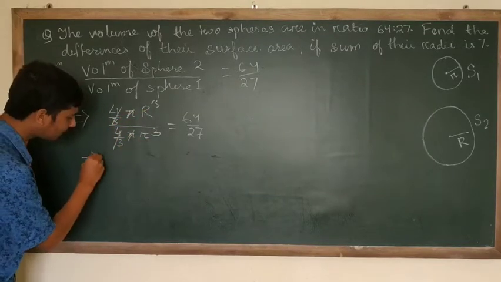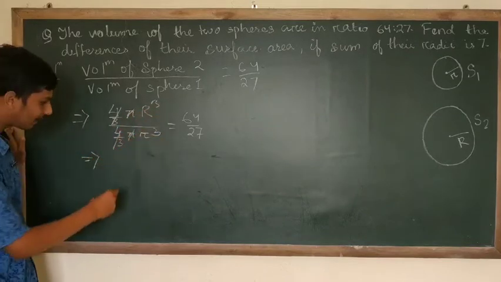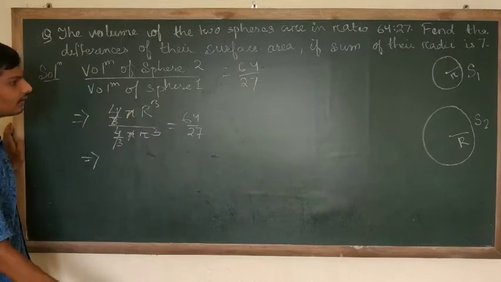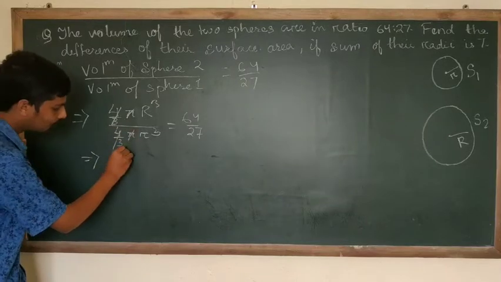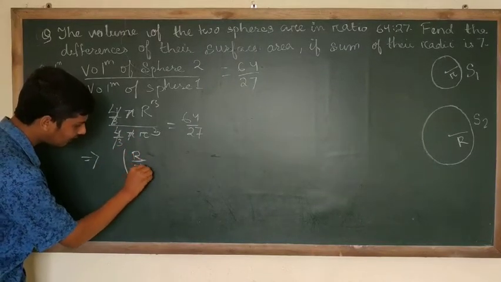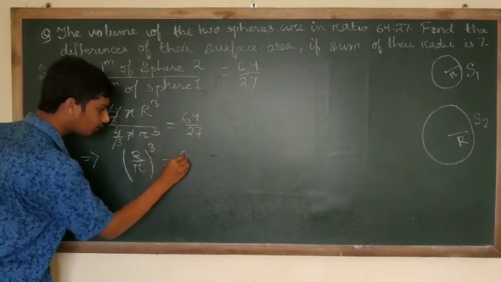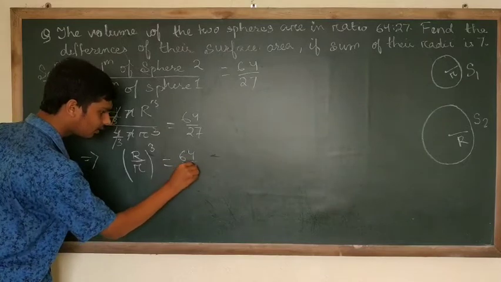That is, we can write R cube by r cube. So we can use the cube method, that is the power method. We can write (R by r) whole cube is equal to 64 by 27.